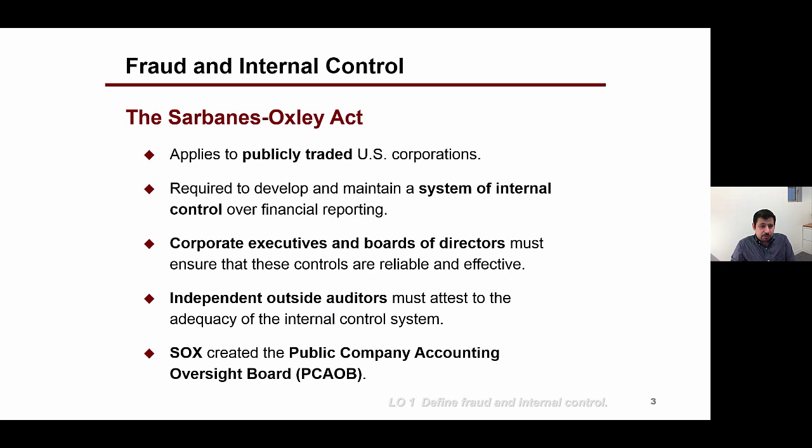Because of various accounting scandals, the US government passed the Sarbanes-Oxley Act of 2002 in order to bring in additional internal controls. Now companies are required not only to have and to maintain effective internal control systems, but they are also required to evaluate them, and to report on the adequacy of their internal control systems over financial reporting.